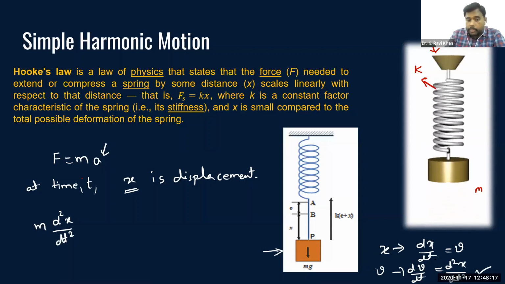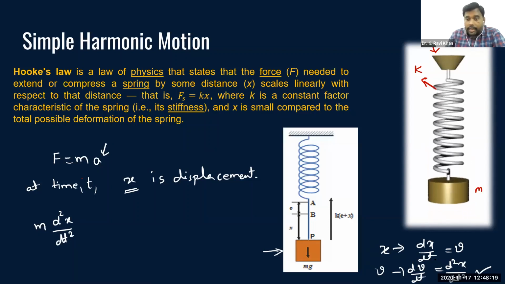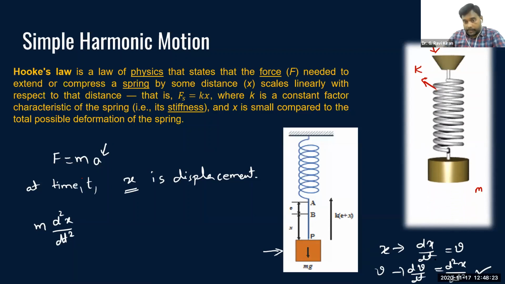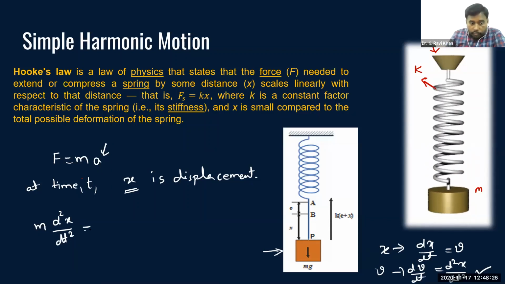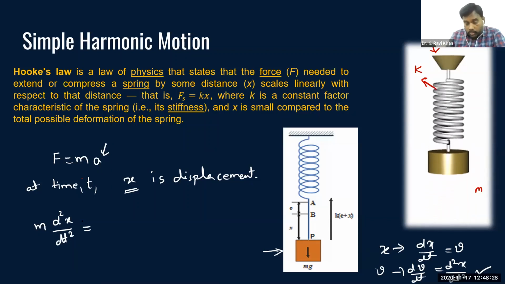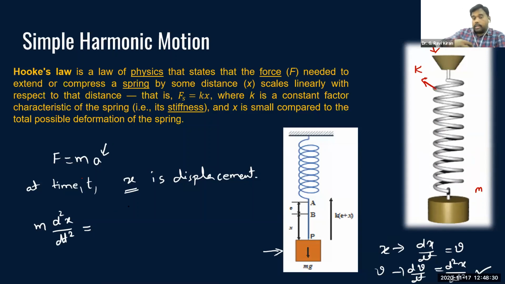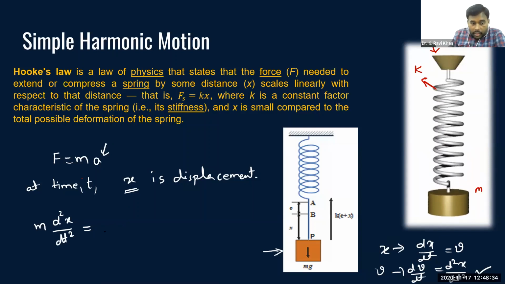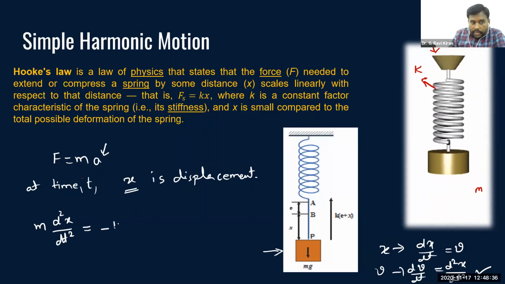This d square x by dt square represents the acceleration of that weight at instant time t. Now this is the force acting downwards. And the other way, there is a restoring force due to the spring, and that restoring force is exactly equal to minus k into x.